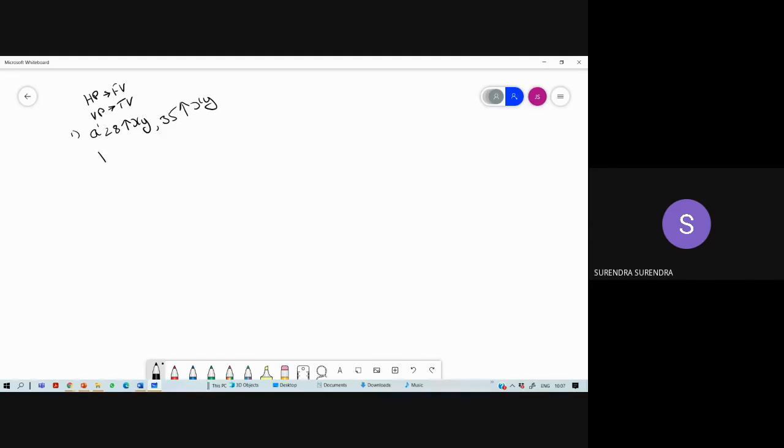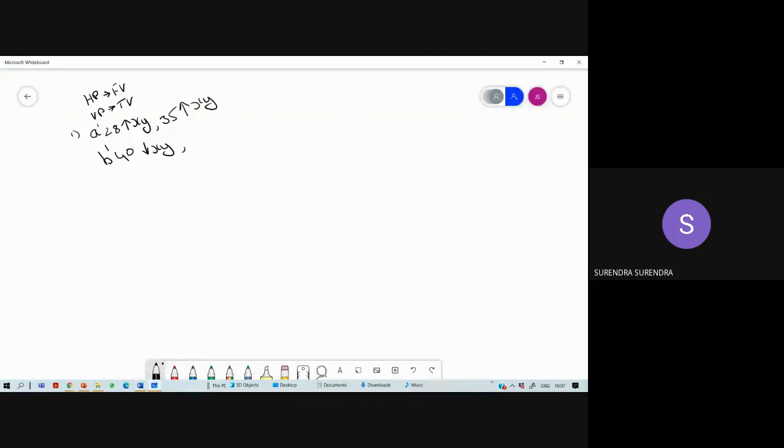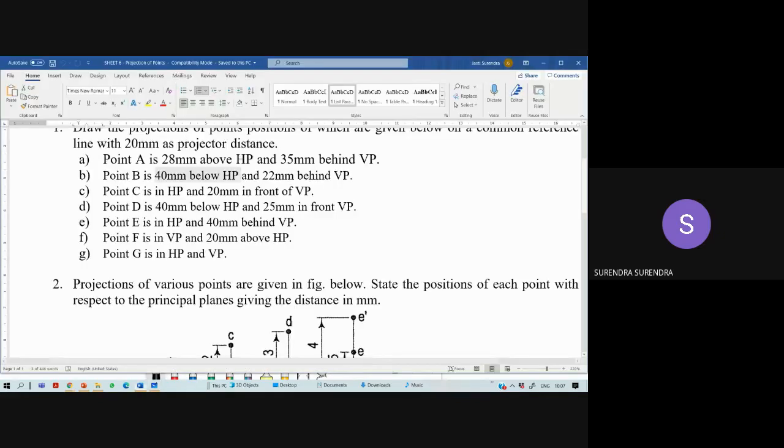So B dash is 40 mm below XY line and 22 mm behind. So behind means top view above XY line. So B is 22 mm above XY line.